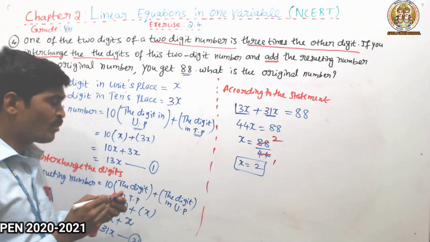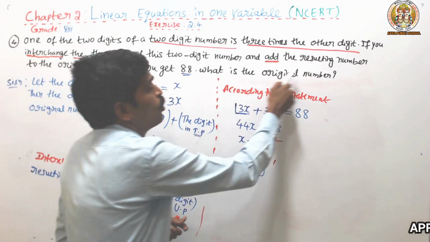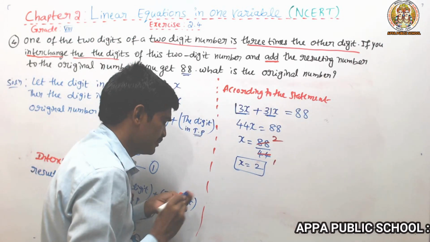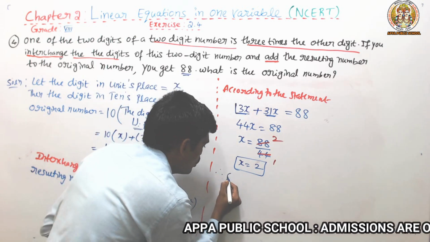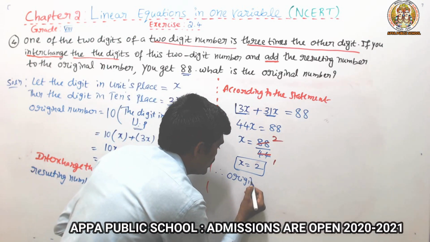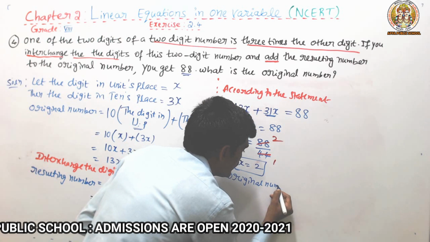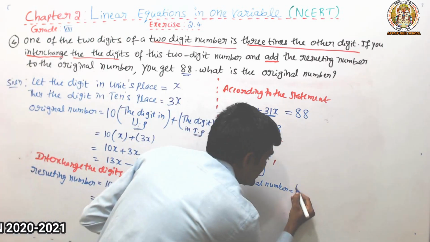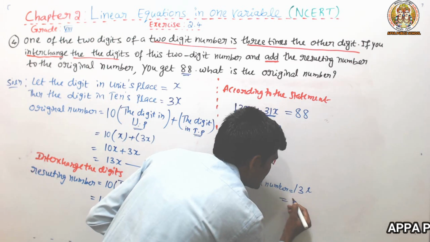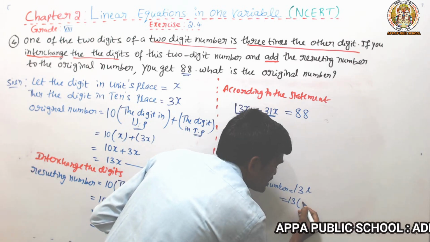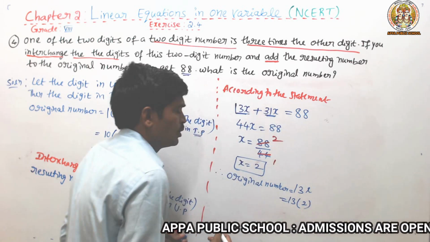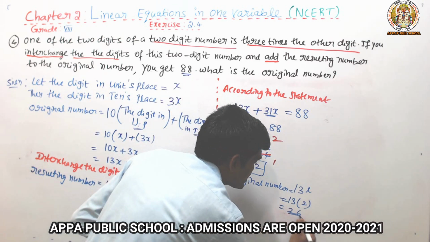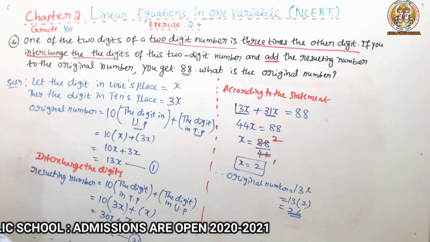Next, what do they ask, my dear students? What is the original number? Therefore original number is equal to what we got in equation number 1, 13x. Substitute the value of x is 2. 13 into 2 is 26.